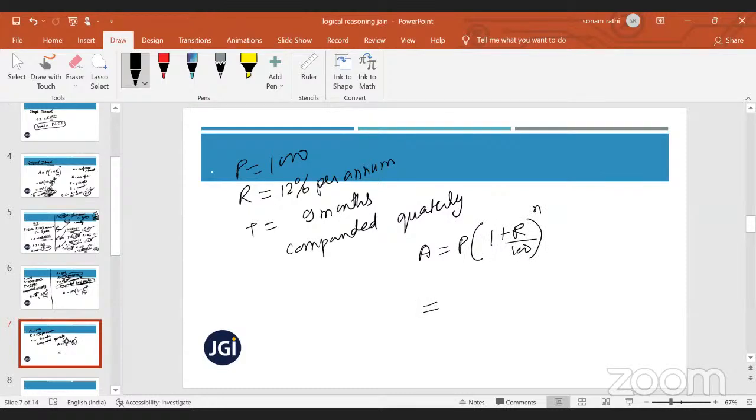So tell me how much will be the principal? Principal will not change, it will remain the same. 1 plus R. Now tell me, 12% is for the full year. So for 1 quarter, how much?